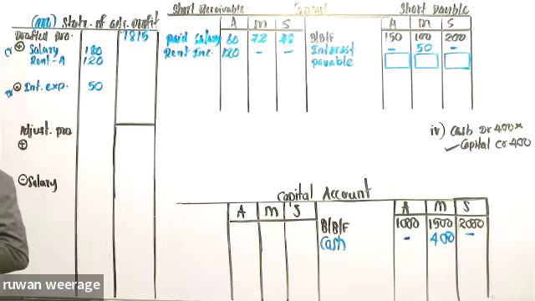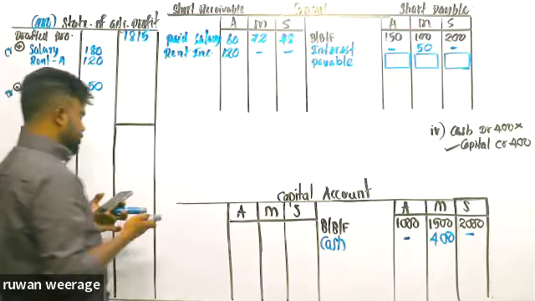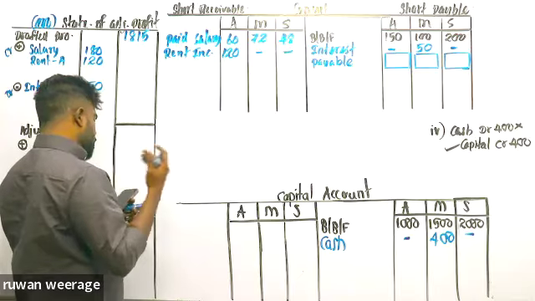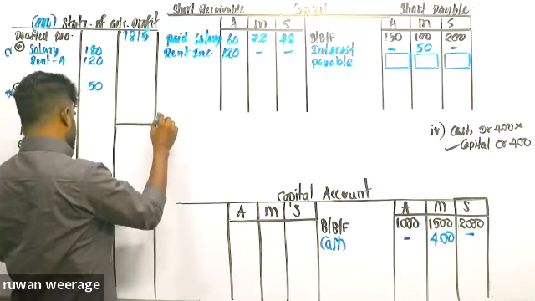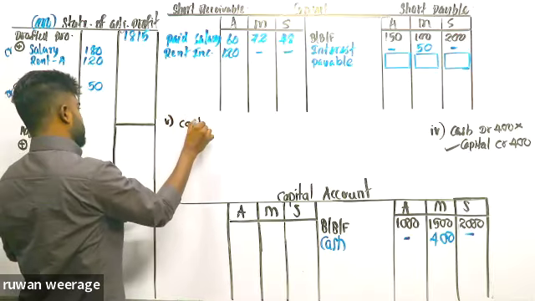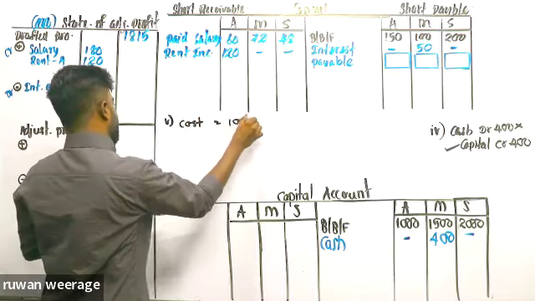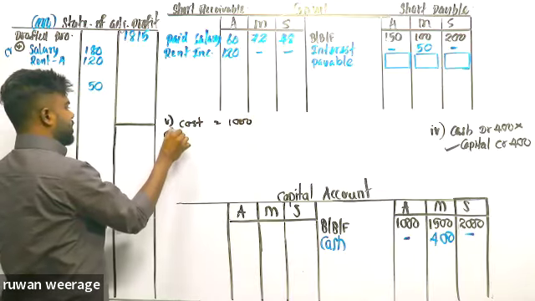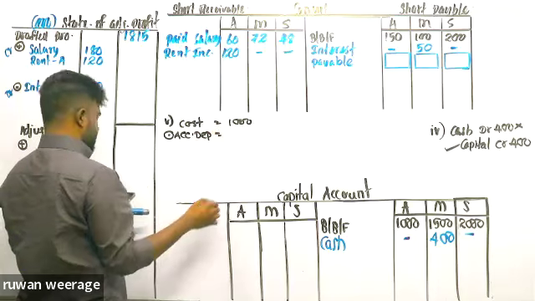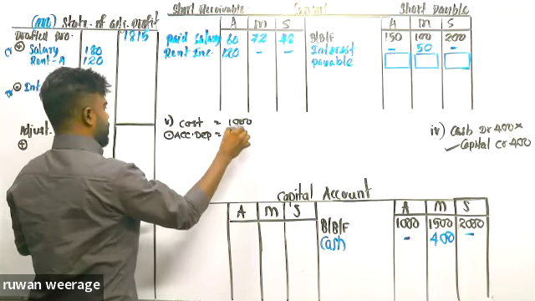Right. Number 5. Cost 1 million and 700 accumulated depreciation, machine sold to Amit for 400. Disposal one. Right, cost how much? 1 million. Accumulated depreciation 700.